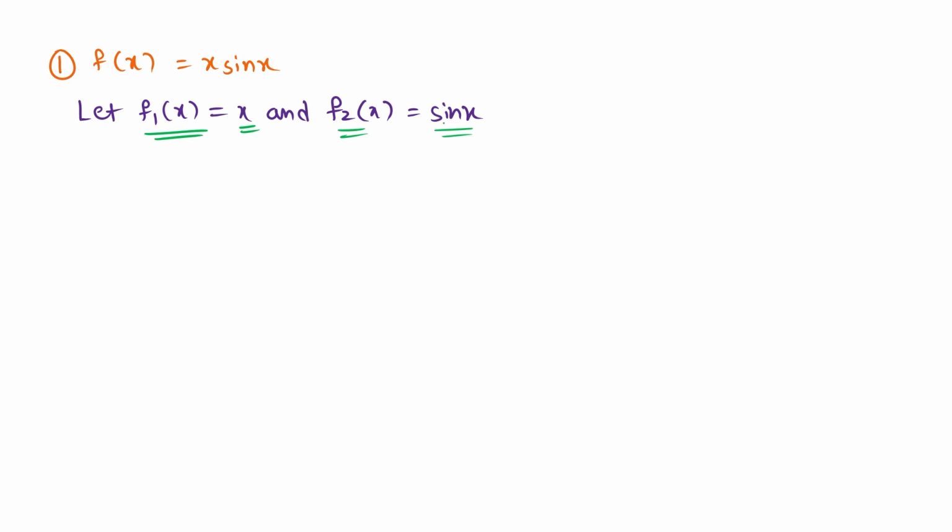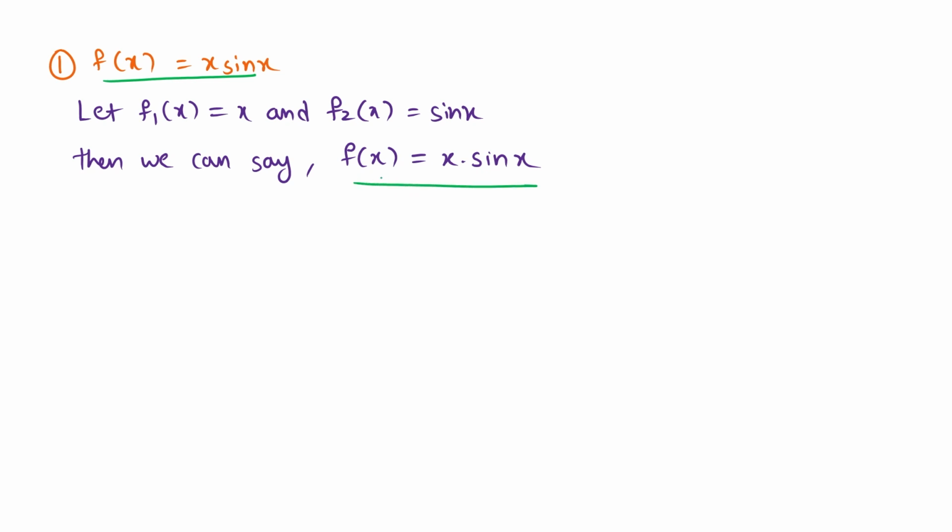Now, having this information with us, if I were to observe my original function, that is f of x is equal to x sin x, can I say that this original f of x is just a multiplication of these two functions which we have just assumed, where f1 of x is x and f2 of x is sin x. So x sin x becomes multiplication of function f1 of x into f2 of x.